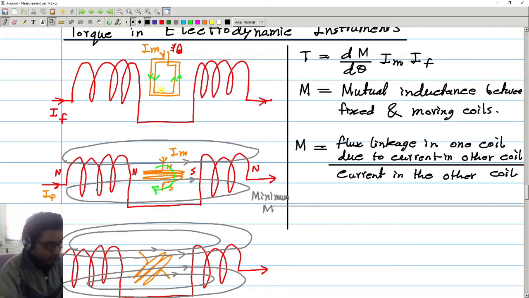And that torque is always the same, no matter whether there is a spring or not. If the spring is there, then that will add an opposite torque on this moving coil also. But whether that is there or not, the torque between these two coils is always the same.